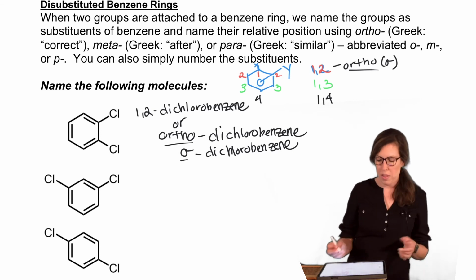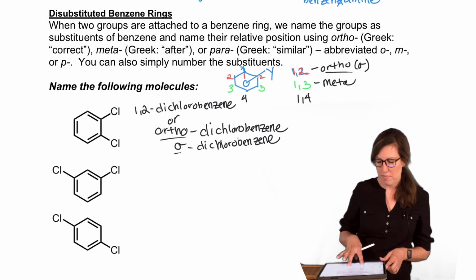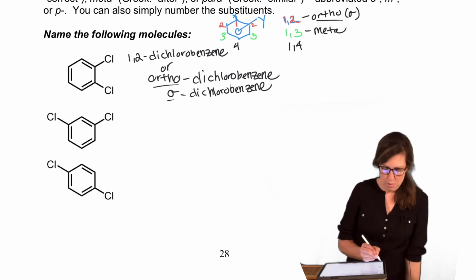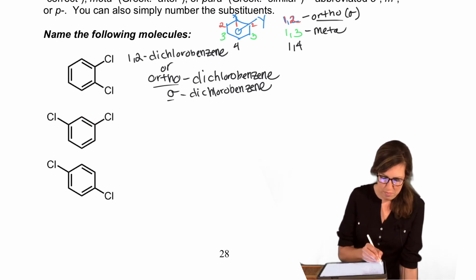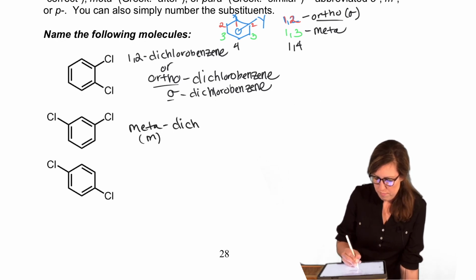Likewise with 1,3, it has its own nickname of meta. And I used to remember that by thinking, oh, this looks kind of like an M right there, an upside down M. Whatever it takes. Meta, or m, dichlorobenzene.